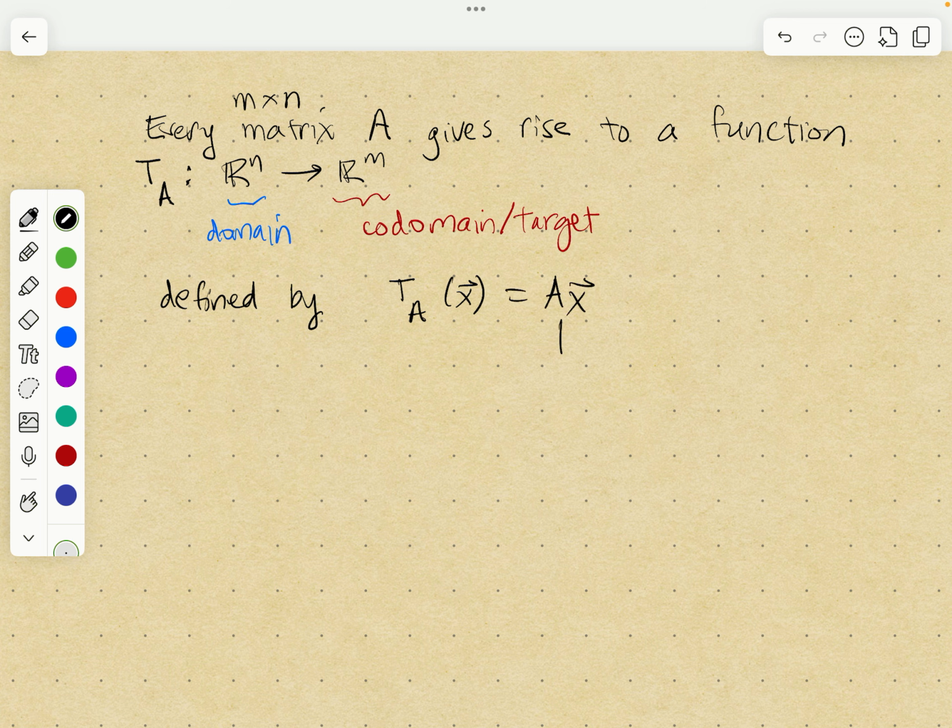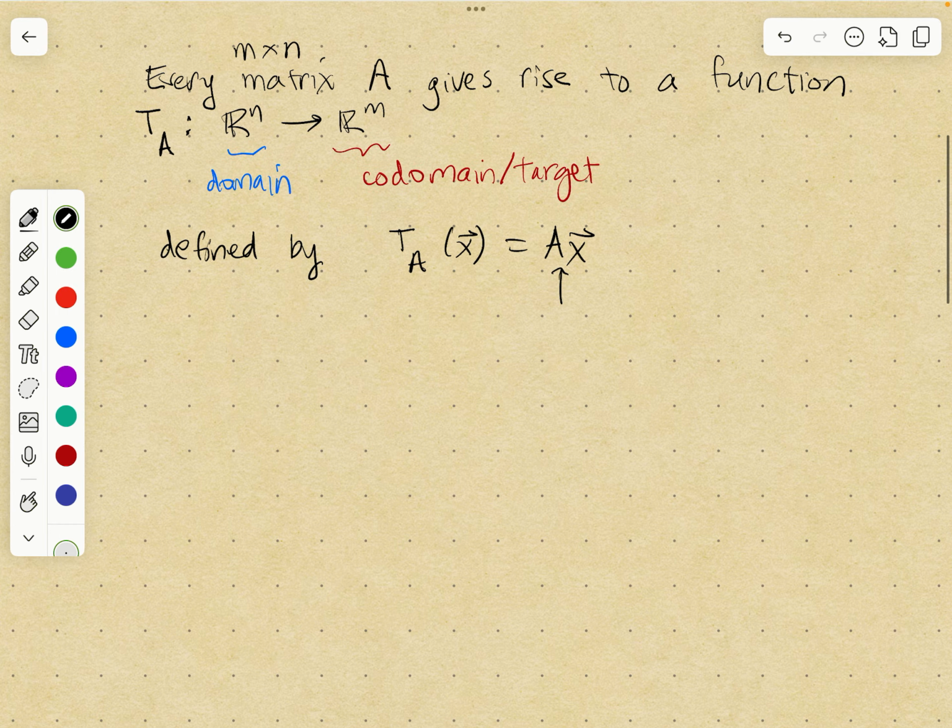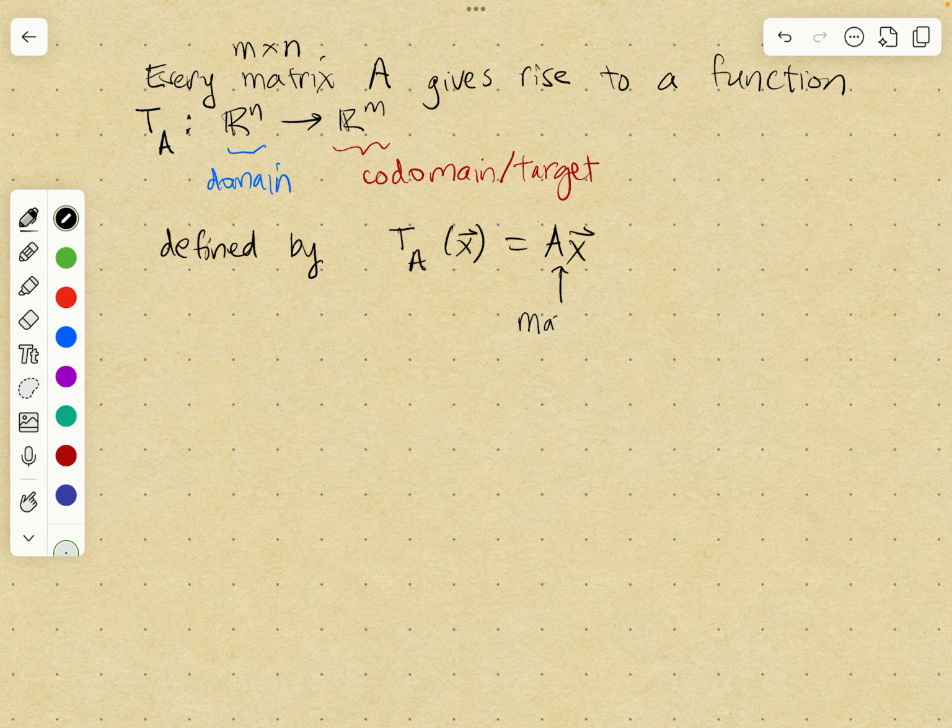So let's just recall that in A times x, I'm doing a matrix times a vector, right? On the left-hand side, what is this T sub A with the parentheses x? Here I'm using the function notation, just like if you have a function f and you plug in x, you get f of x, right?